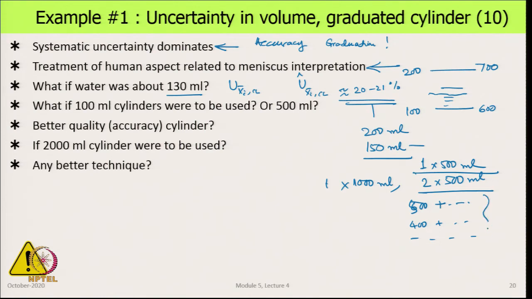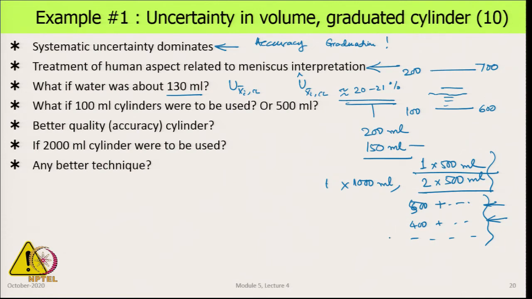The question is, if you do that, you did improve your graduation, because for 500 milliliters the graduations are finer. But because you did the measurement twice, you have compounded the error.